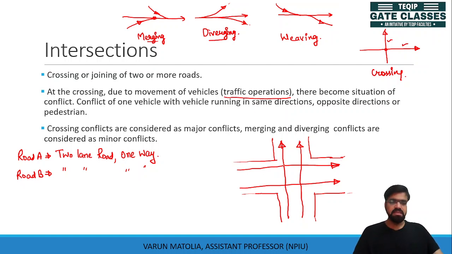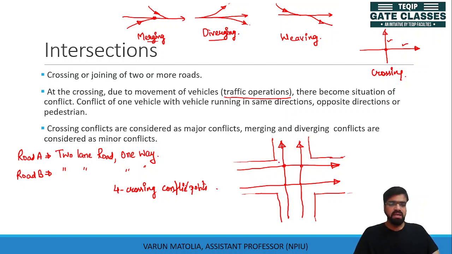You can easily see that if this operation is occurring, we have 4 crossing conflict points.